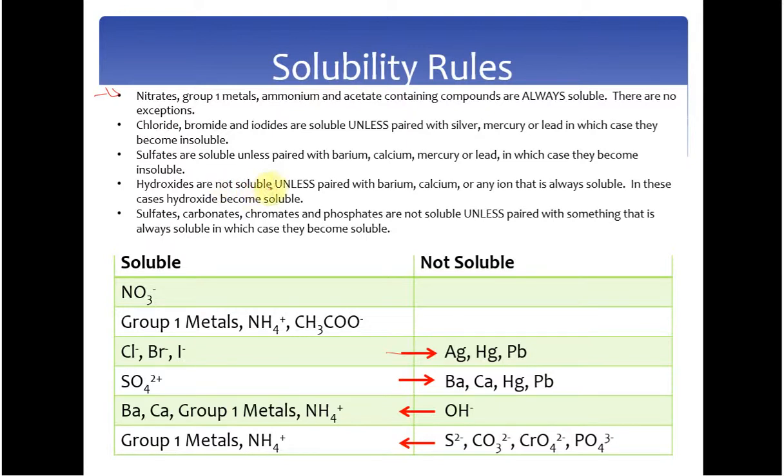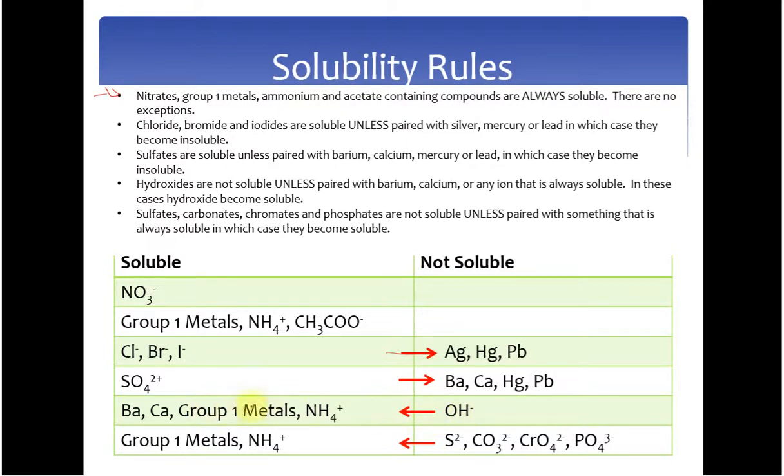Hydroxides are not soluble unless they're paired with barium, calcium, or any ion that is always soluble. So hydroxide wants to precipitate out. However, if you put it with barium, calcium, or a group 1 metal, or ammonium, they become soluble. Sodium hydroxide, you guys have used that in lab, and it's always clear. It's never got that cloudy tinge to it, so it's always soluble.